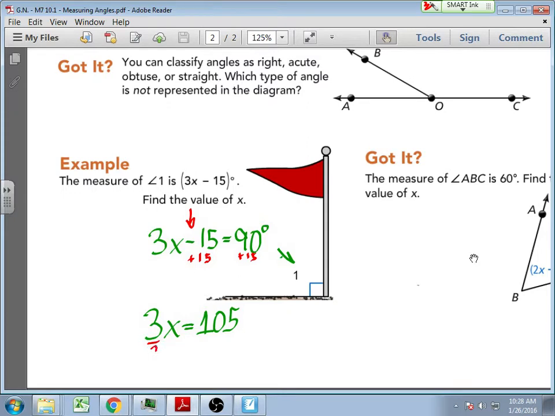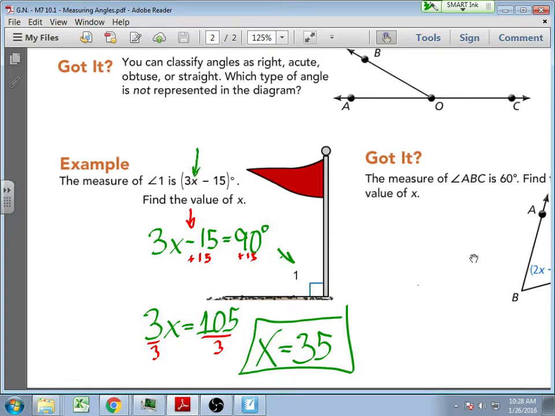Divide by 3. And that gives me that x is 35. Now, I do not have to put degrees on that because when x plugs in, it's just a number and the degrees symbol is already out here. So x is just a number. It's not an angle. It's just a number inside the angle value.